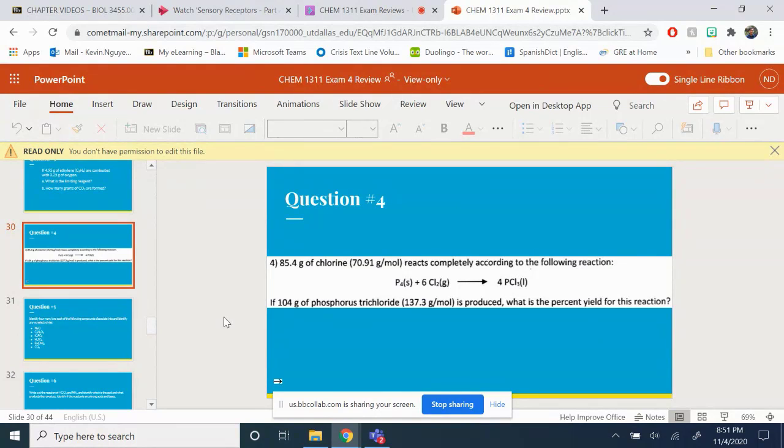And they're using that reaction: P4 plus 6Cl2 yields 4PCl3. And they're telling us that in a lab setting they produce 104 grams of that product, and they're asking what the percent yield is.